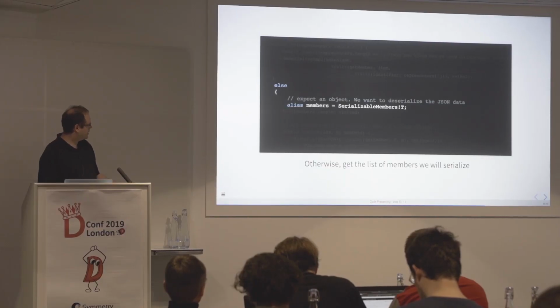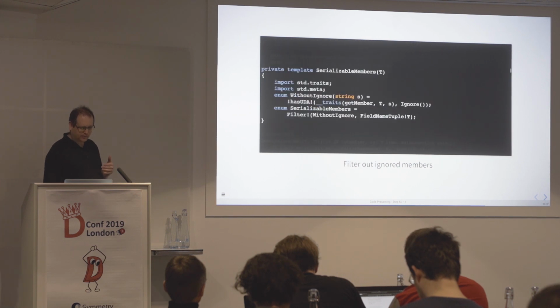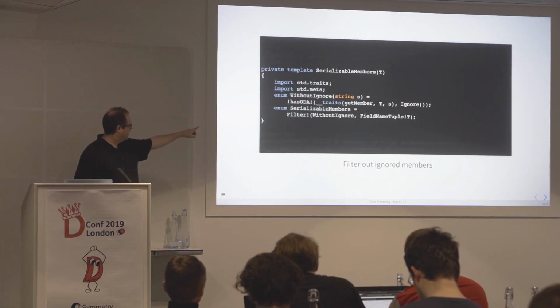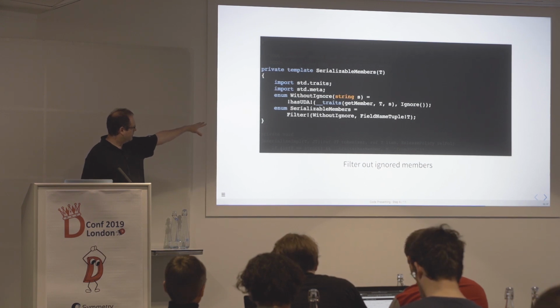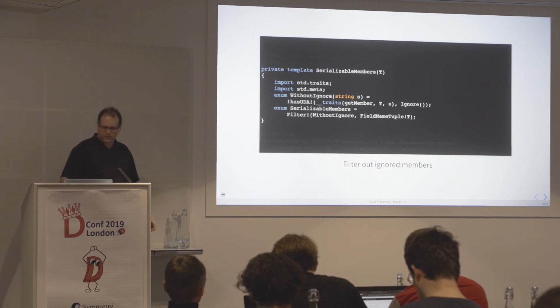Otherwise, we're going to expect an object. So allMembers basically gives you a list of members, just like FieldNameTuple. In fact, it uses that. Otherwise, it's going to ignore ones using filter, the ones that have the ignore UDA attached to it.